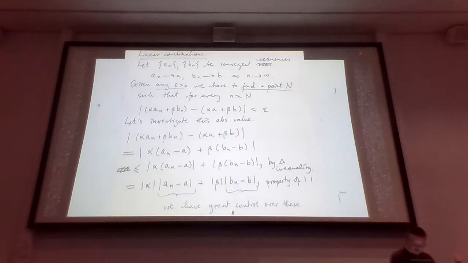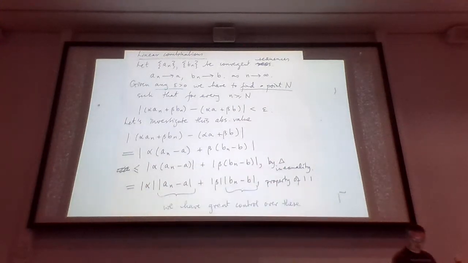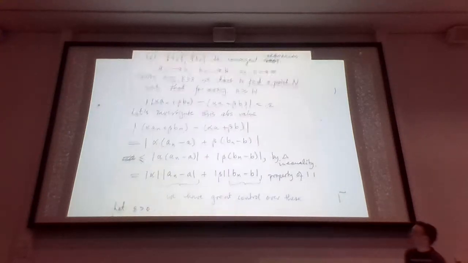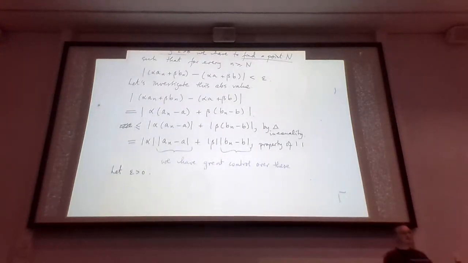So I can use this control that we have, because an converges to a and bn converges to b, to achieve this step, and then we'll be able to claim convergence. Okay, so we let epsilon be any positive number. Remember, our argument has to work for any positive value of epsilon.